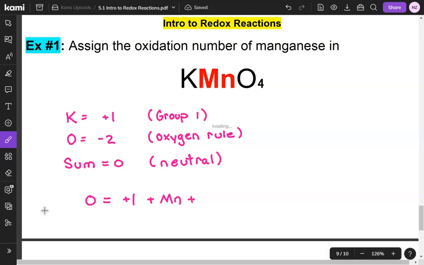And there are 4 oxygens, and each oxygen is -2, so this will be -8. So +1 plus something -8 gives you 0. The only thing that makes sense here is +7. So manganese will be +7.